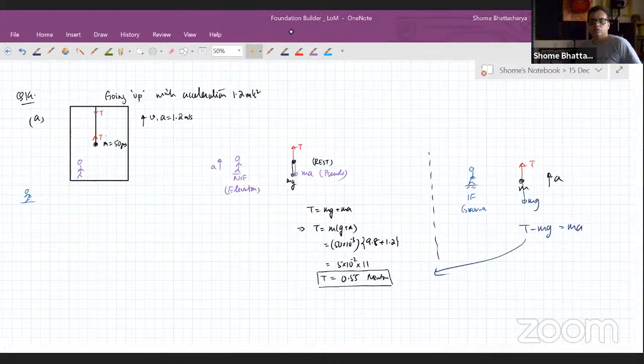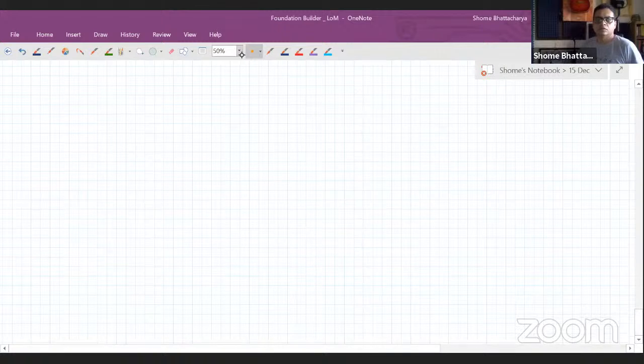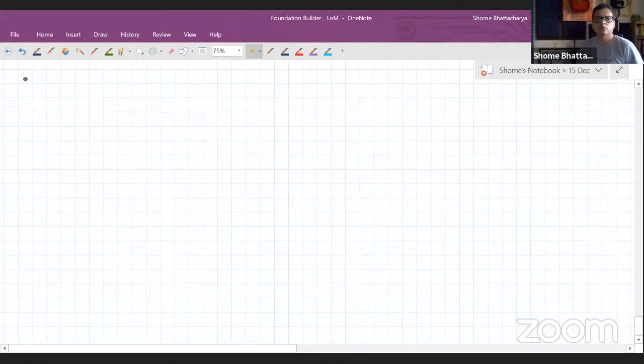Okay, so Kunj, hope this is clear to you, the first part. Now let's look at the second part very carefully. Once you're clear about pseudo force, solving is not difficult, but you have to understand the language of the question.